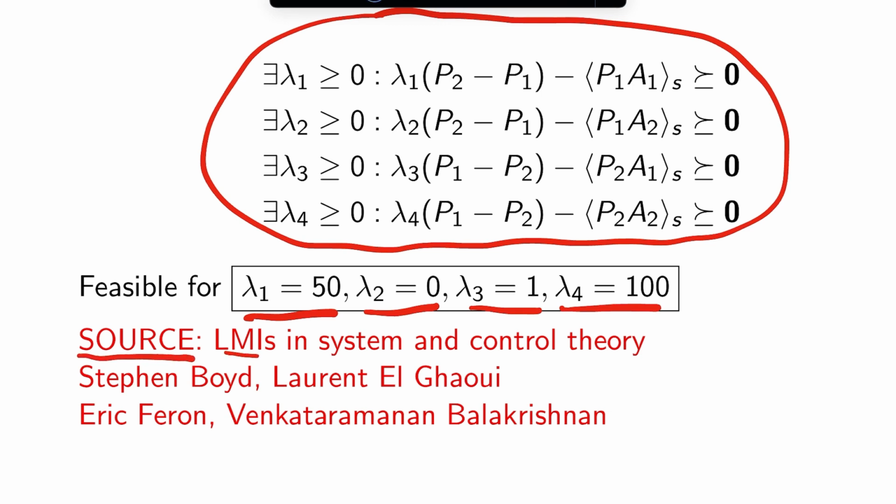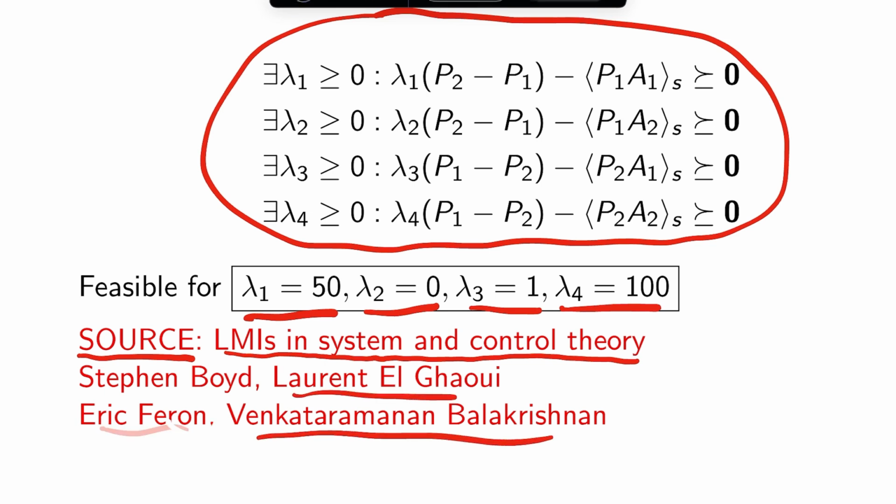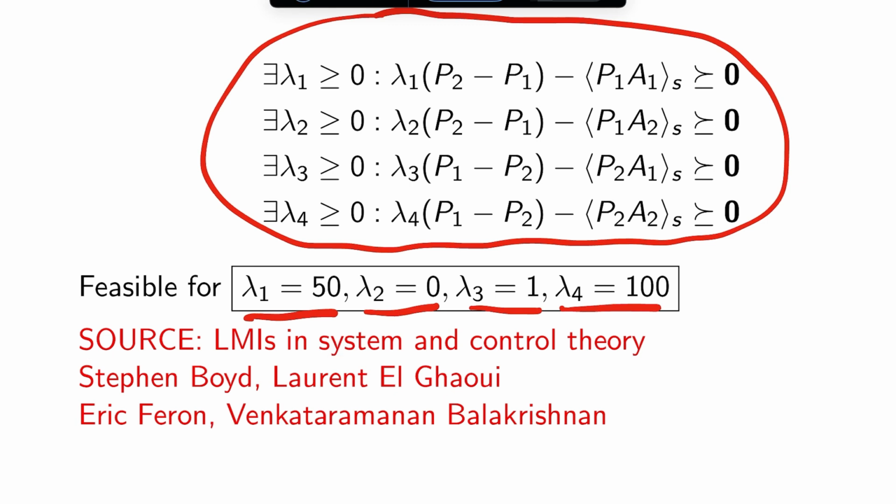So this is the book, Linear Matrix Inequalities in System and Control Theory, by Stephen Boyd, of course. This guy is the legend, right? And then I'm assuming the other guys are legends for just being this guy's friend.